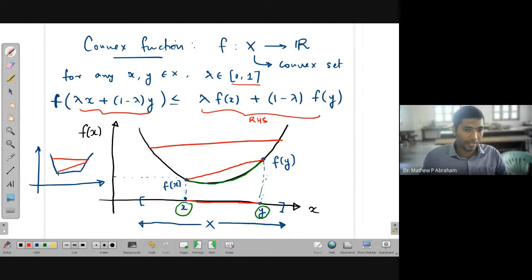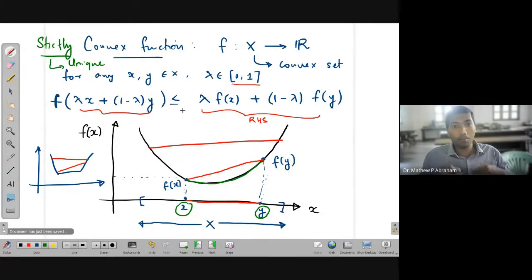Now there is a concept called a strictly convex function. Here in this case there are multiple minima, and for a strictly convex function, there will be a unique minimum. So in the case of a convex function, there can be more than one minima, but for a strictly convex function, you can have only one minima.